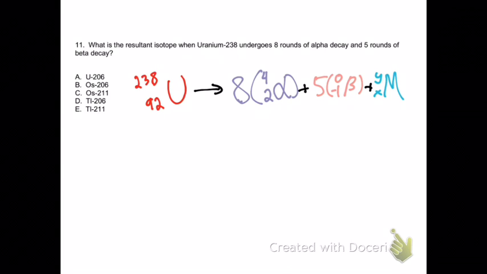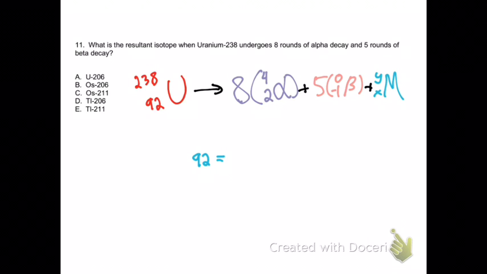And what we're going to do is set each side of the reaction. So there's 92 protons in uranium. We're going to set that equal to the total atomic number of all of these particles and solve for X first.